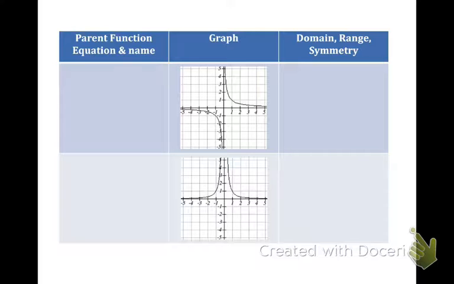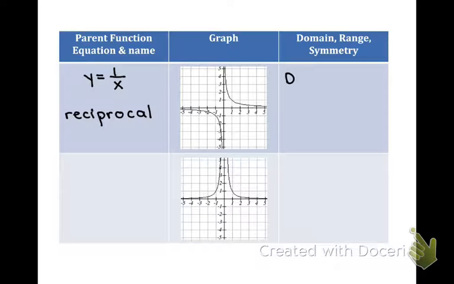This next one is my reciprocal function, y equals 1 over x. If you have not seen this function before, its name should kind of make sense. Instead of being y equals x, it's y equals 1 over x, so it's the reciprocal function. Okay, now my domain here is the following.